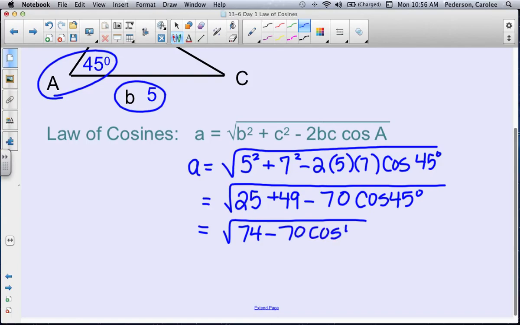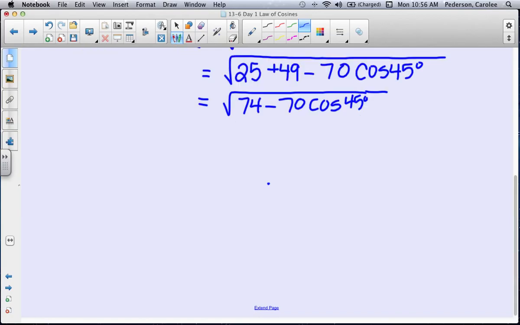Now we can go ahead and evaluate that trig function. So we say the cosine of 45 degrees is 0.707. Now let's multiply it by 70.